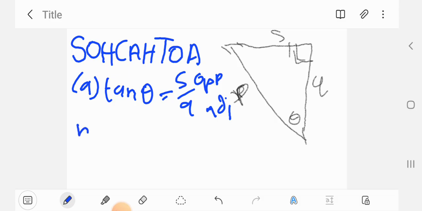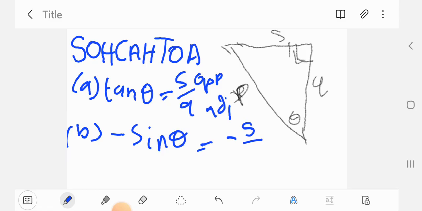And then number B says negative sine theta. Sine is opposite over hypotenuse, so the opposite side is the S, so we're going to have negative S over the hypotenuse, which is the P, the longest side.